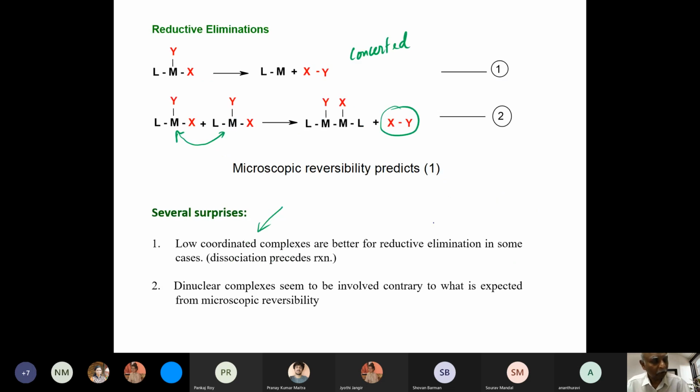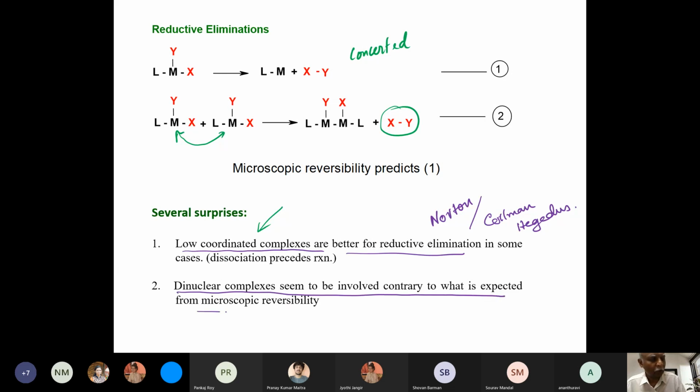This was done by Norton and Finke, and these are people who have written the book, Collman, Hegedus, Norton and Finke, on mechanisms of organometallic reactions. They had shown that low coordinated species are better for reductive elimination, and dinuclear complexes seem to be involved, contrary to what is expected from microscopic reversibility.